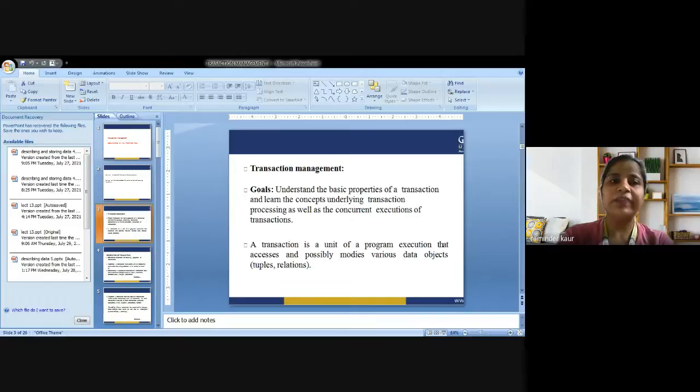The second purpose is to provide isolation between programs accessing a database concurrently. If this isolation is not provided, the programs' outcomes are possibly erroneous.